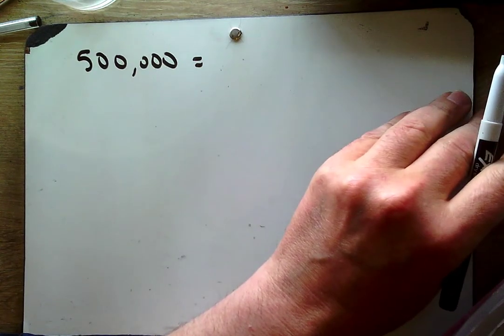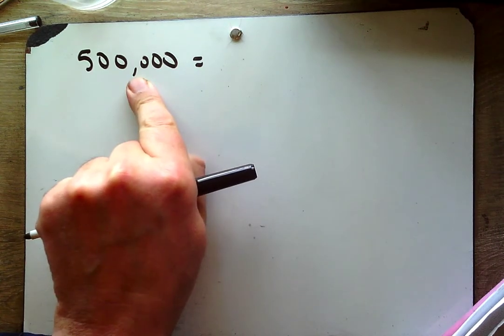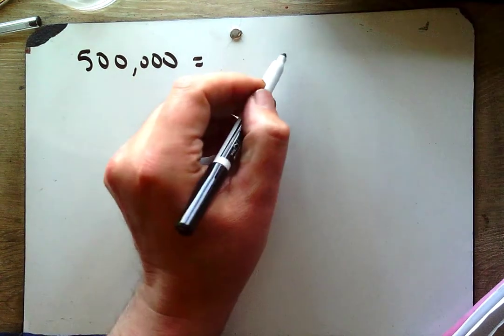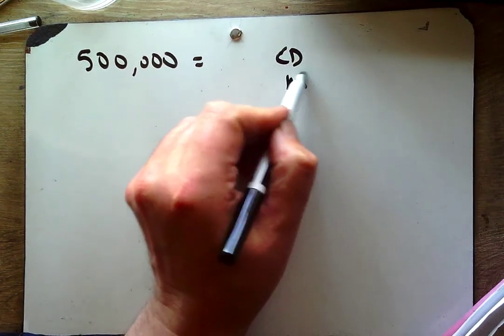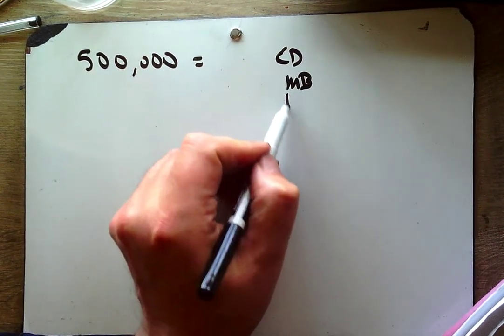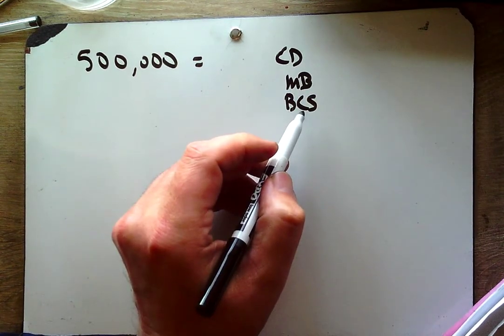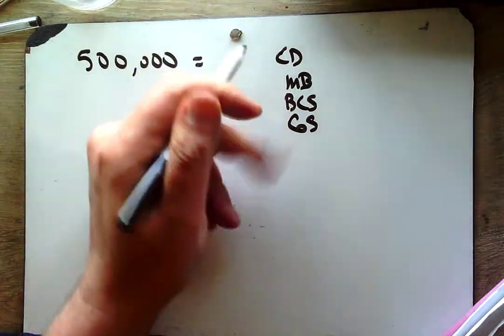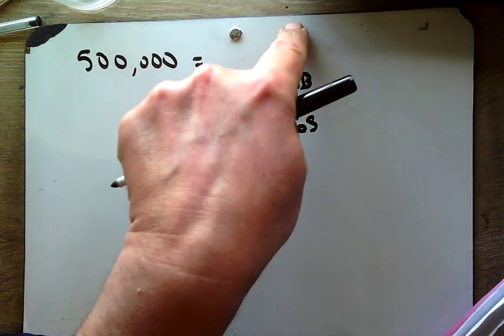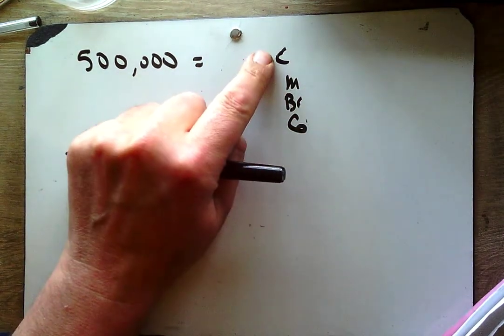Consider an investor with a portfolio totaling $500,000 that is invested in certificates of deposit, CDs, mutual bonds, blue chip stocks, and growth stocks. Okay, I don't want to use all those letters, so I'm going to do these letters. Okay, certificates of deposit.